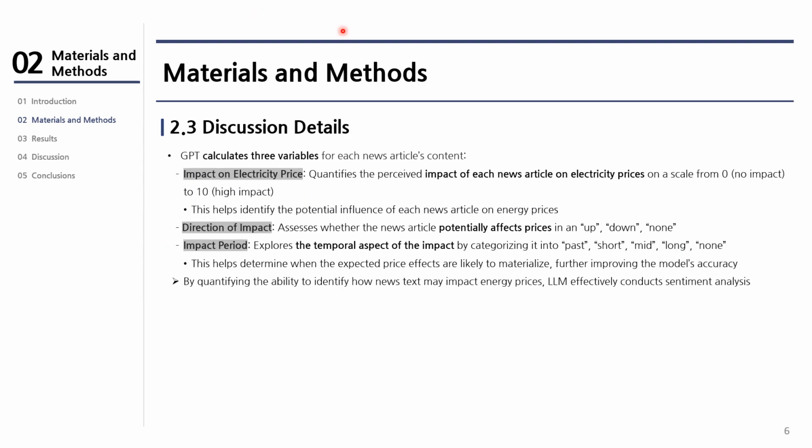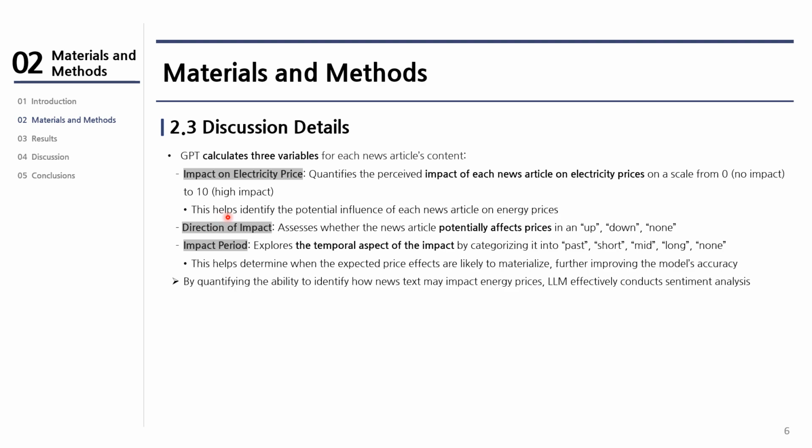Next are the experiment details. GPT calculated three variables for the content of each news article. First, impact on electricity price quantifies the perceived influence of each news article on electricity price on a scale from 0 to 10.